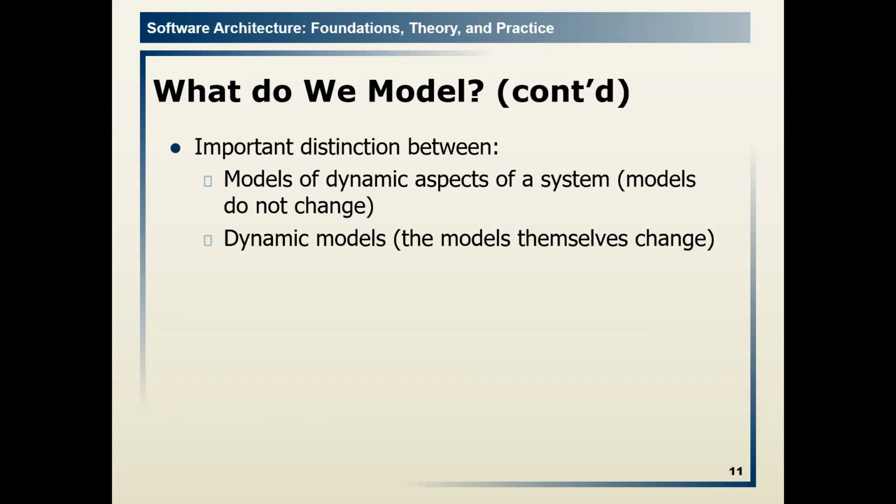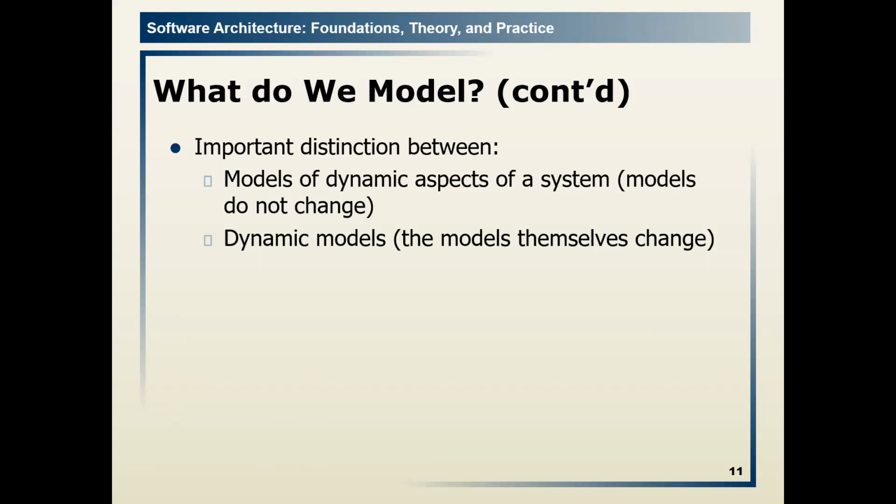In a UML state chart, you will make a drawing of all the possible states that a certain software component can take. But that does not mean the state chart has to change. The state chart does not change, but it is showing the dynamic aspect.